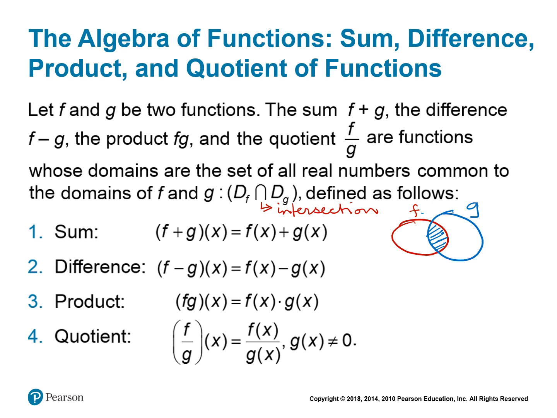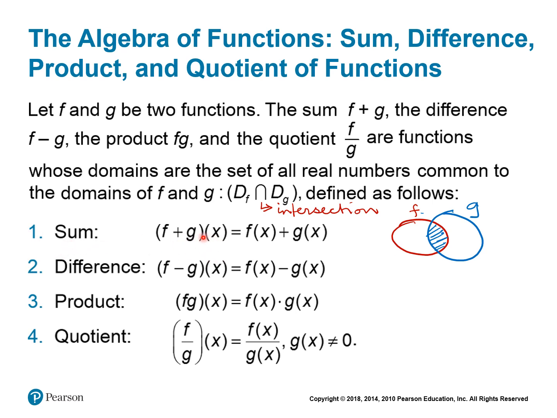So we exclude the domain values of f which are not the same as the domain values of g. We'll talk in more detail about how to find the domain of the combined function, but let's look at a mathematical representation of the combination.